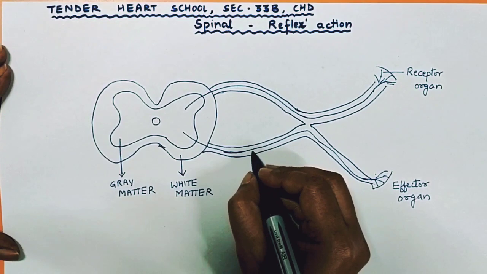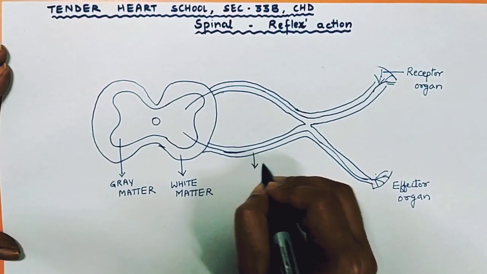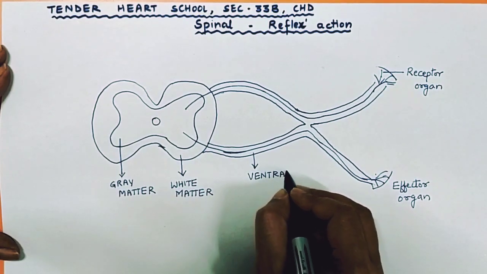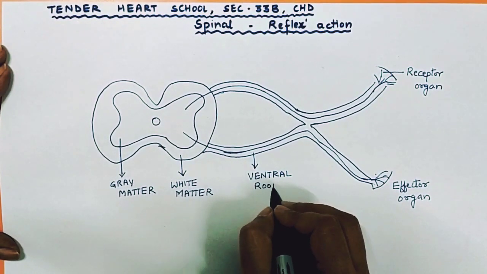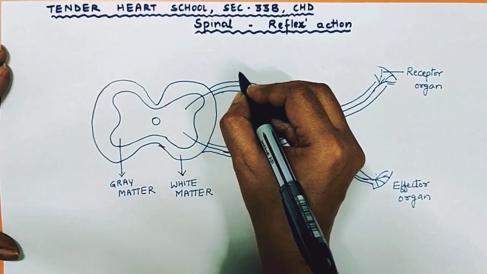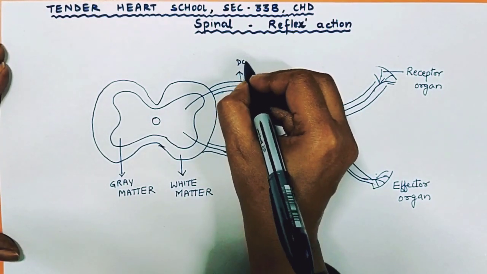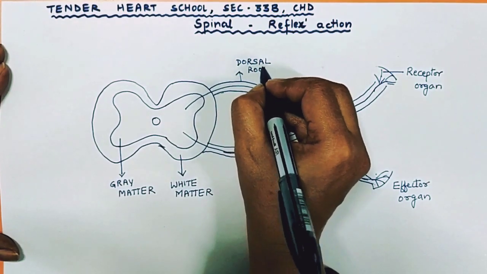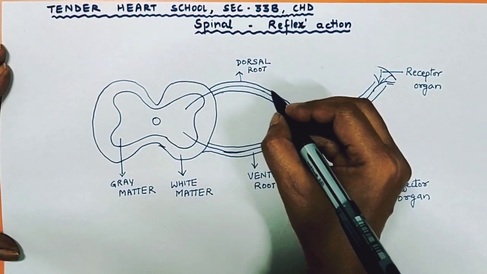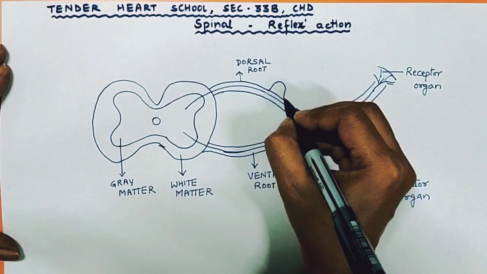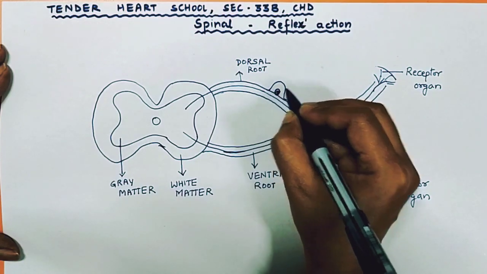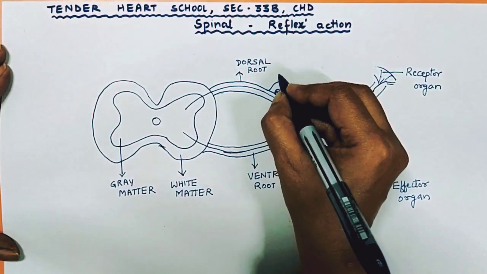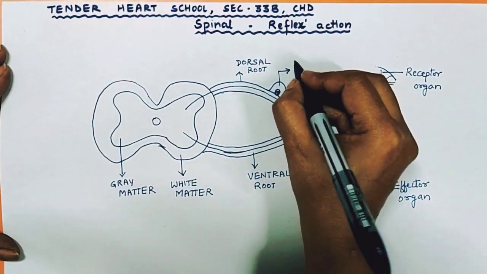Let's just label it. This is the ventral root. And this one is the dorsal root. On the dorsal side, dorsal root, we have a ganglion also present, right? There is a ganglion present on the dorsal side, and this is called the dorsal root ganglion.